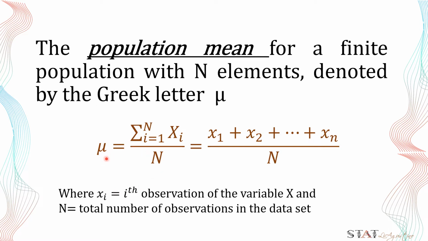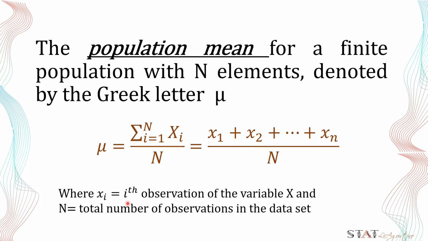Mu, or the population mean, is equal to the summation of xi, where i ranges from 1 to N, over the population size, the number of observations, and that is equal to x1 plus x2 plus ellipsis plus xN over N. Actually, this should be capital letter N because I'm talking about the population size or the population data.